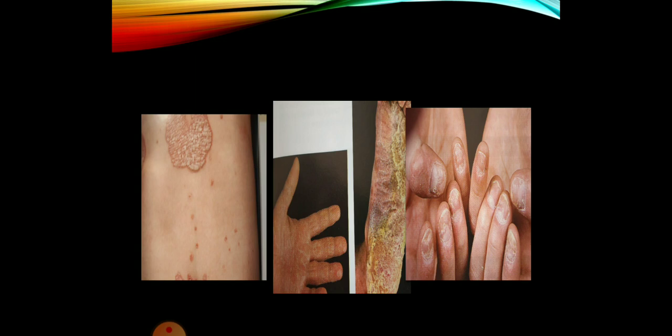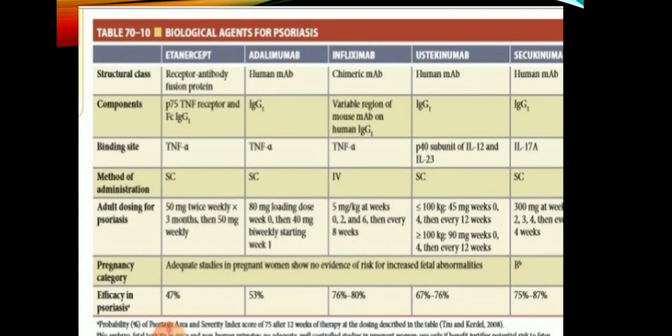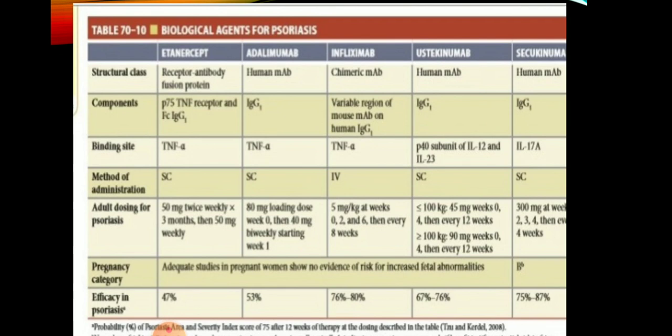If methotrexate is not helpful in this regard, then you can use cyclosporine, and if cyclosporine is not helpful, then you can use these biological agents. Out of that, etanercept and infliximab, these two drugs were used in our own college. Etanercept is basically a TNF alpha inhibitor, and infliximab is doing the same.